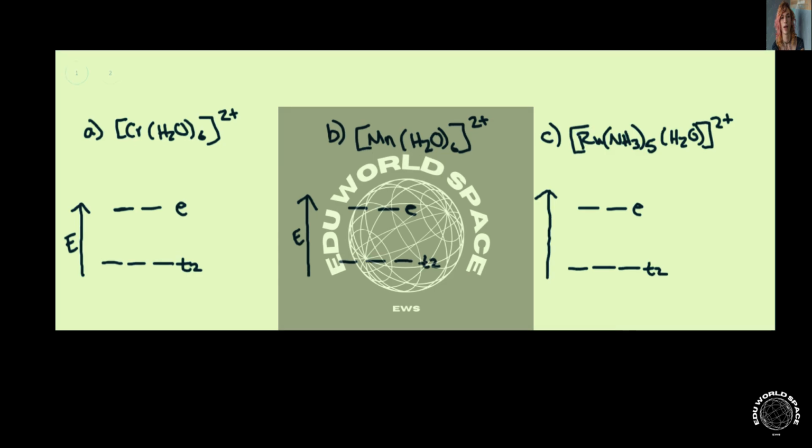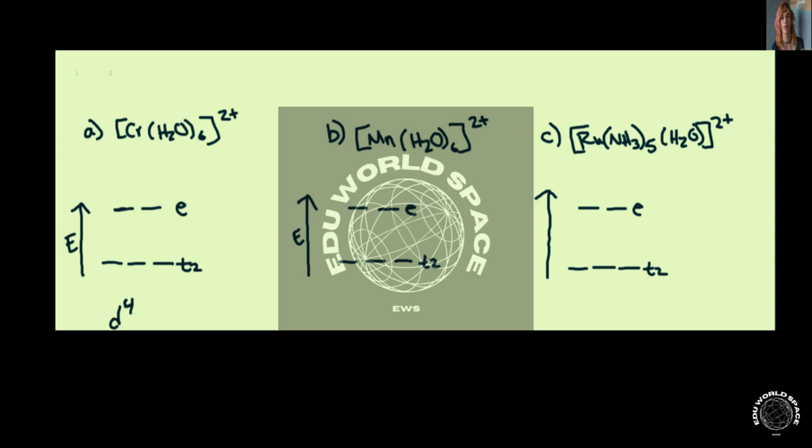So this first complex, this 2+ overall complex, shows us that this Cr is a 2+ because the water molecules don't have any charge. And it tells us that there are 4 unpaired electrons. So we know that this system is going to be a d4.